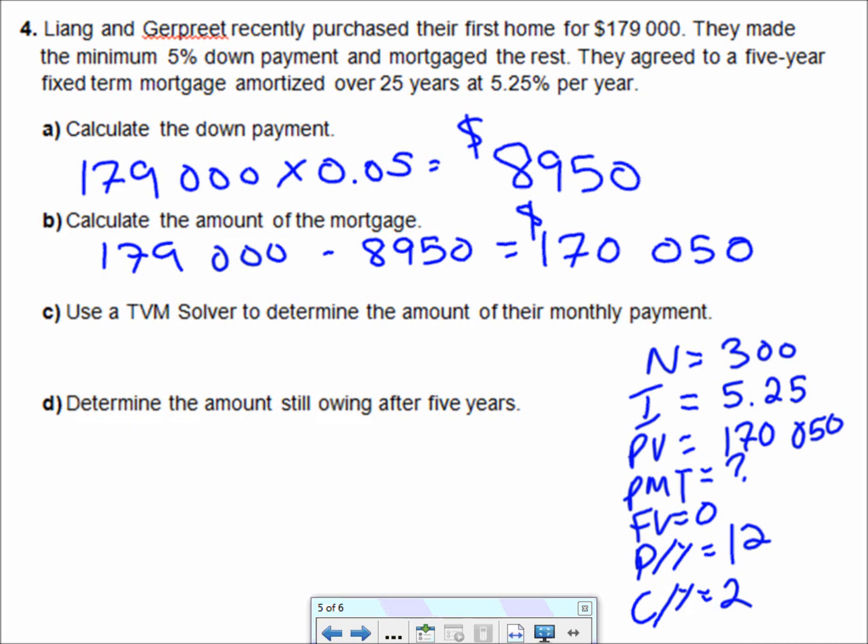Now you're going to plug that all into your TVM and calculate your monthly payment. I didn't get that, let me check. So N is 300, I is 5.25, PV as 170050?